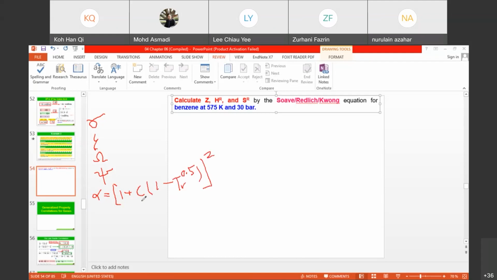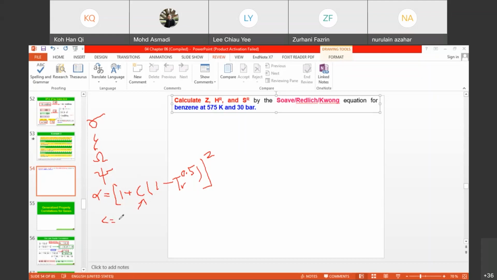And c, if you look at table 3.1, is equal to 0.37464, right? It's similar.